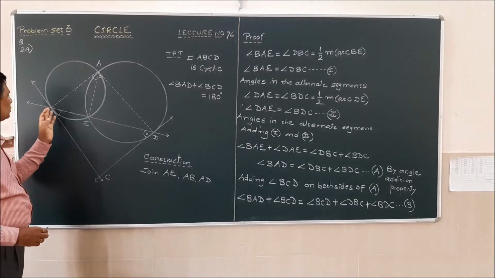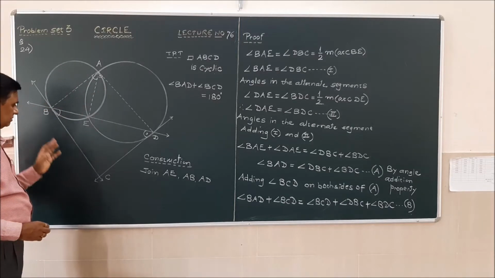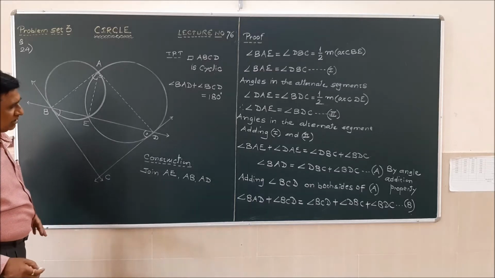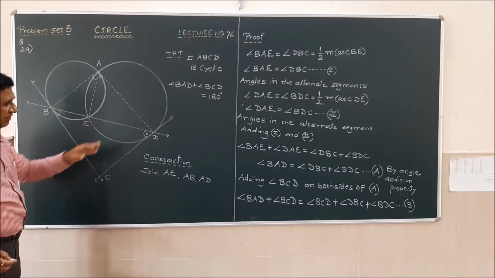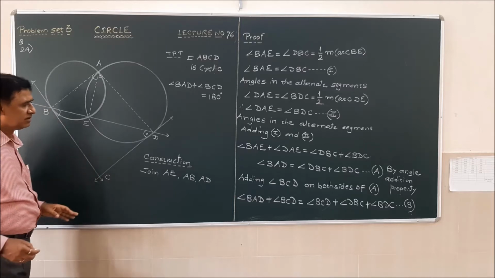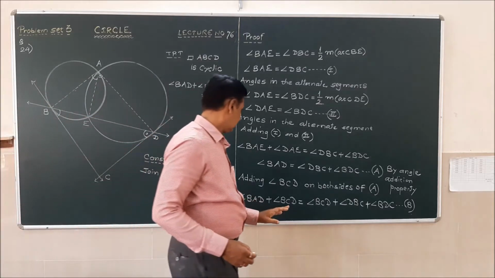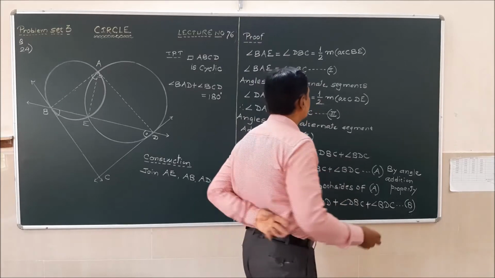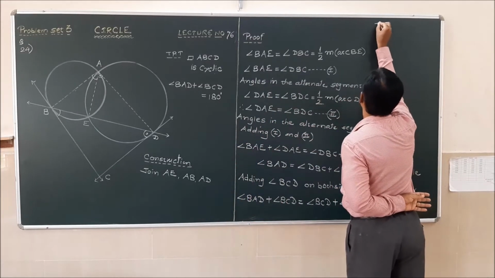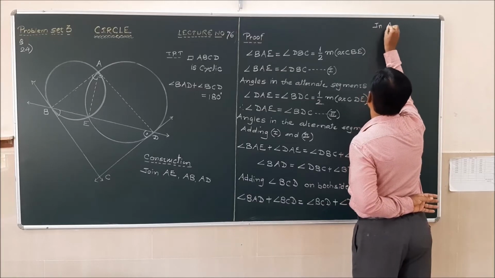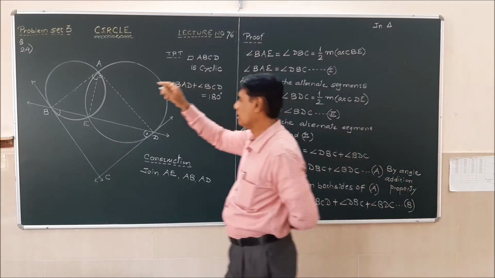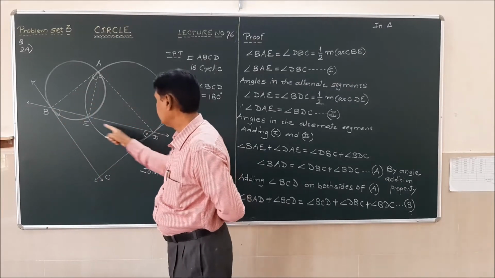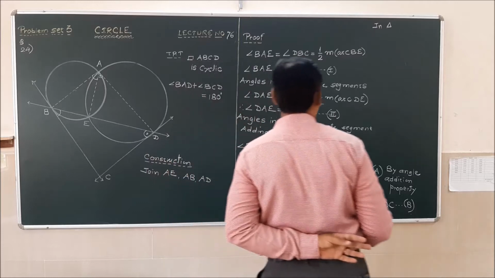For that, we are going to prove BAD plus BCD is equal to 180. So BAD and BCD on the left, and on the right hand side also BCD with DBC plus BDC. Please look at the triangle BCD. In triangle BCD.